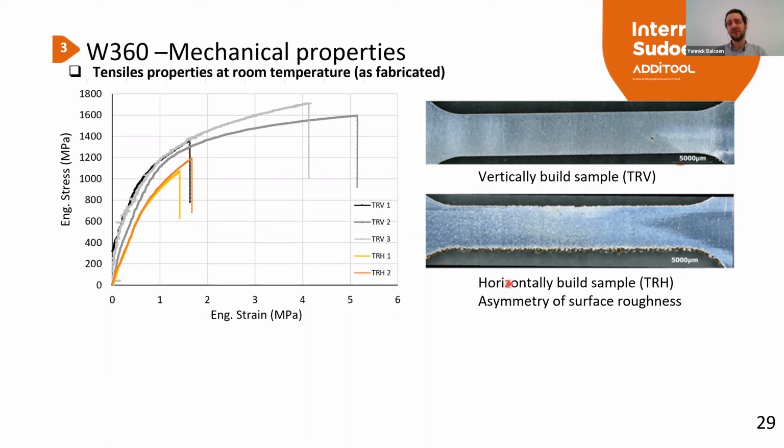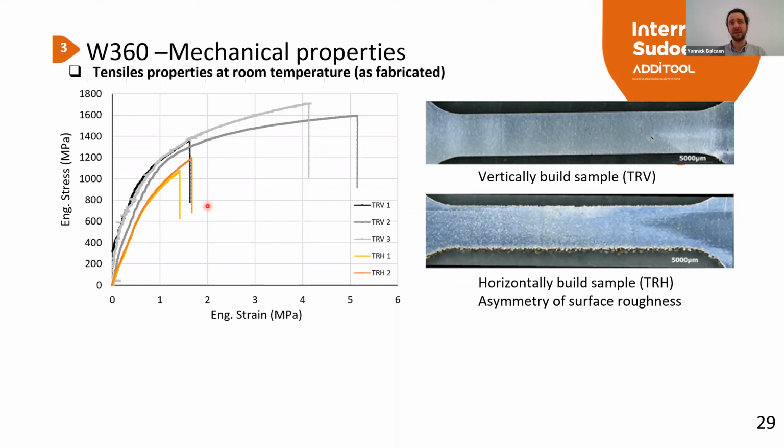So we can observe that on the vertically built samples, we have no upper skin effect and no down skin effect. Here, when we polished the sample, we did not remove all the microstructural features in the top skin and the bottom skin.